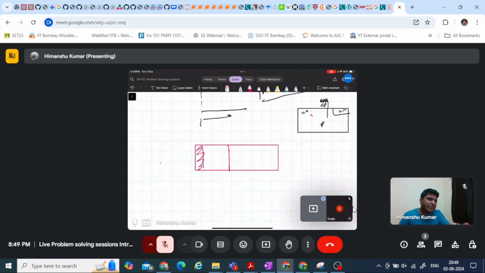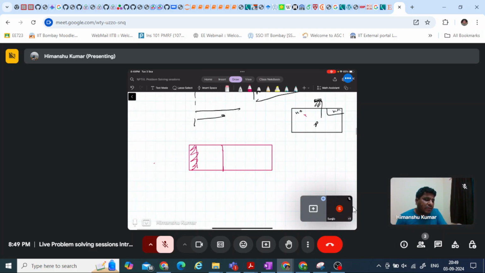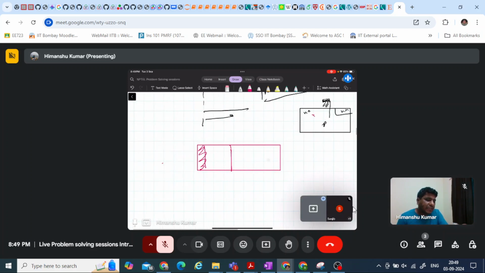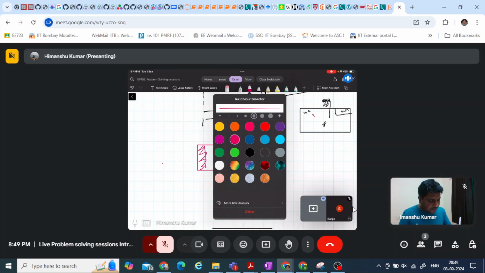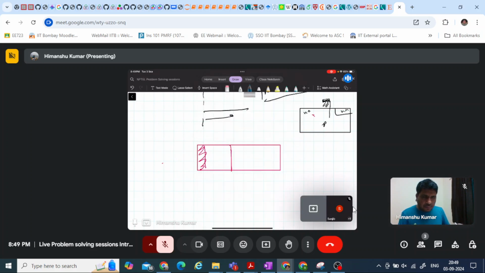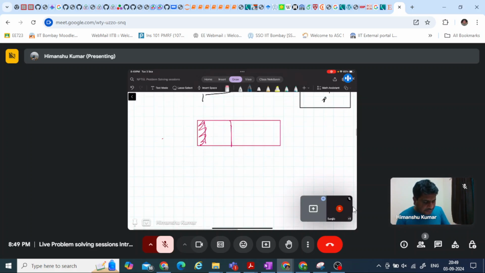So now basically what you are applying is a DC plus AC voltage. You apply a very small signal actually.